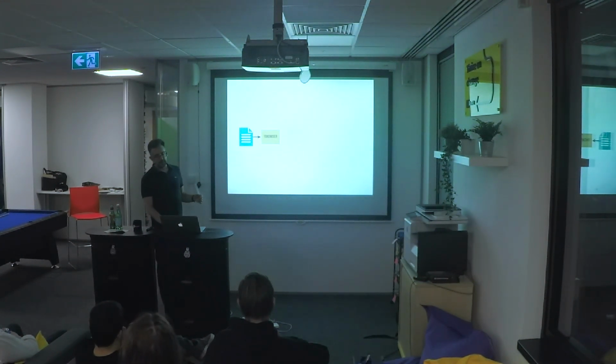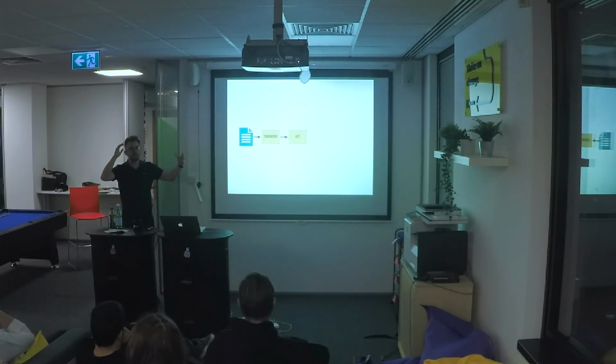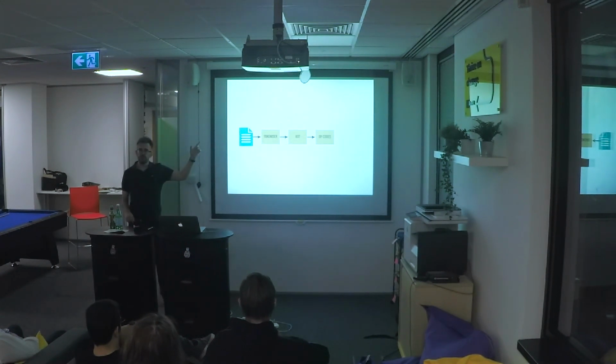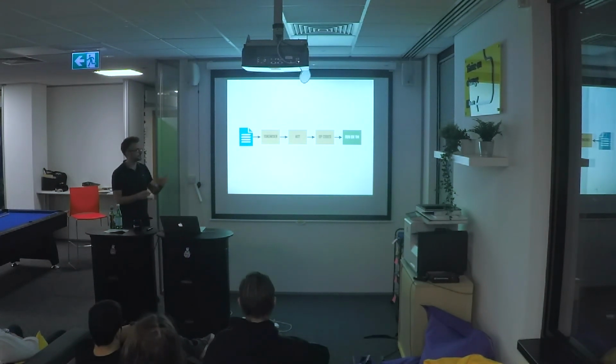And then that is converted to a tree-like structure, the abstract syntax tree. And then that's converted into opcodes, and then the opcodes are run on the PHP virtual machine.